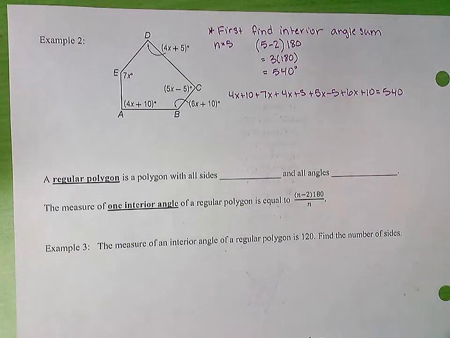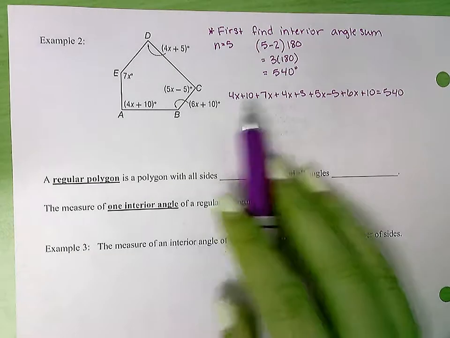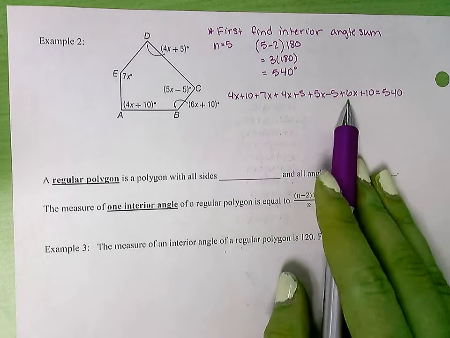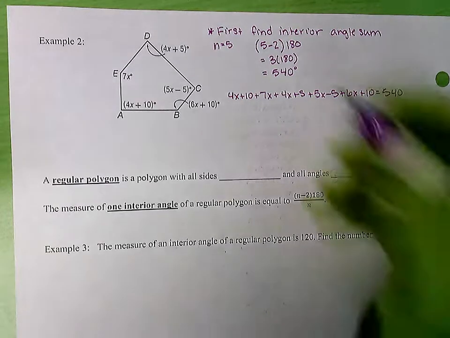I can add all 5 of those angles together, and they have to equal 540 because that's the interior angle sum within this polygon. Now what I want to do is combine like terms. All of my x's here, I'm going to add those together.